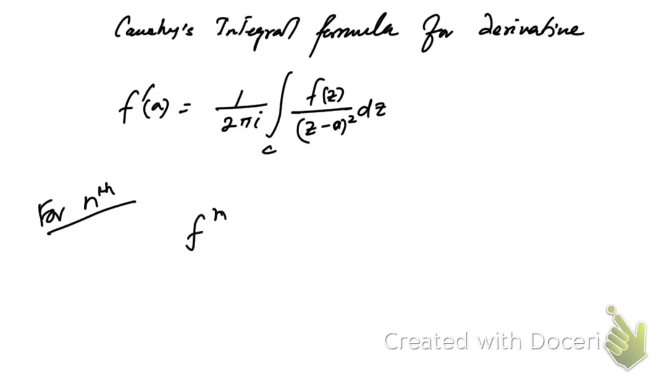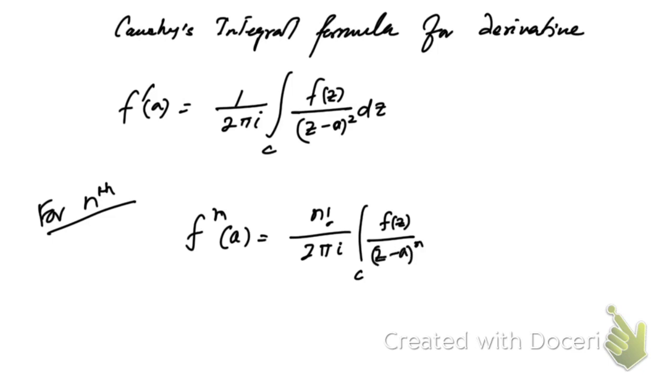The nth order derivative of f at the point a is factorial n divided by 2 pi i times the integration along C of f of z by z minus a to the power n plus 1 dz.